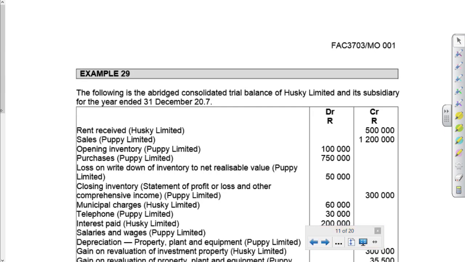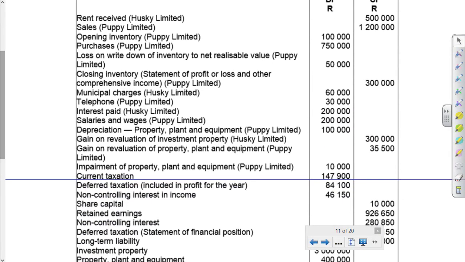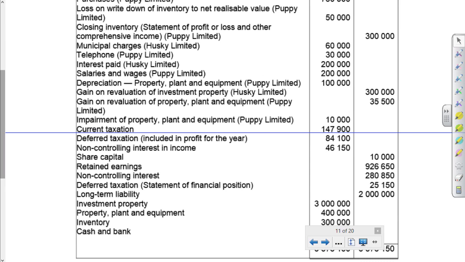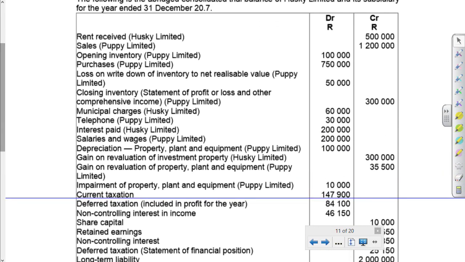Okay. So your starting point for me is to take these numbers, which they have here, and to work out for me a basic and diluted earnings per share. Yeah? So you're just basically going to take all the P&L items for Husky to get a profit for Husky, all the P&L items for Ppe to get a profit for Ppe.